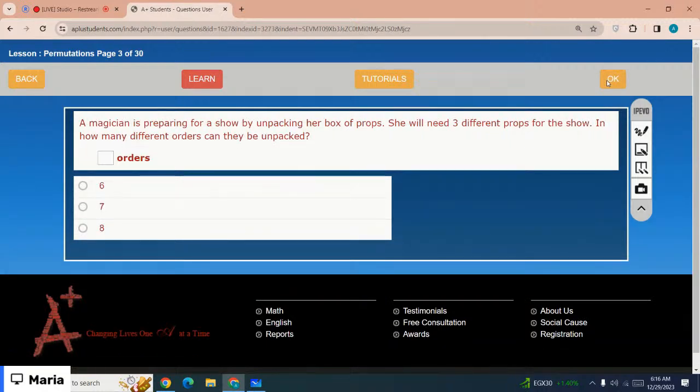A magician is preparing for a show by unpacking her box of props. She will need three different props for the show. In how many different orders can they be unpacked? So which is the correct option? Three different props she has, right? So that means you need to calculate 3 factorial.